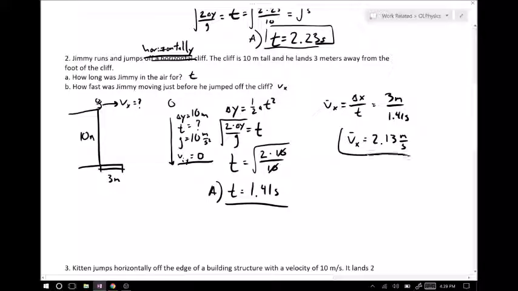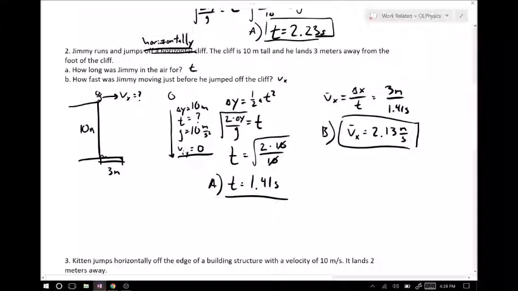So Jimmy was running roughly 5 miles an hour, which is like maybe a good jog when he jumped off that cliff and landed in that water. So there we go. That's the second one we solved for this time.